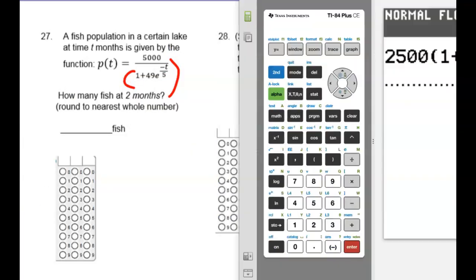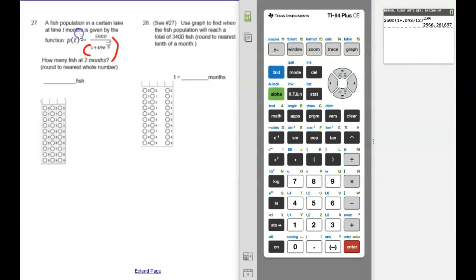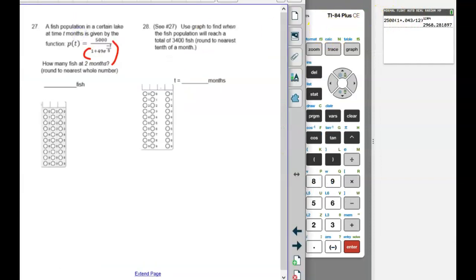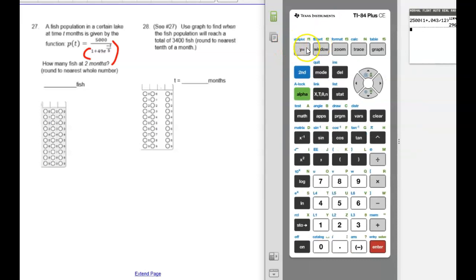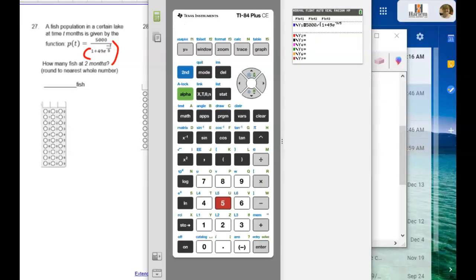So we go to y equals. And we put 5,000 divided by parenthesis 1 plus 49 second ln, which will give me e to the power of negative x divided by 5, all up in the little exponent.